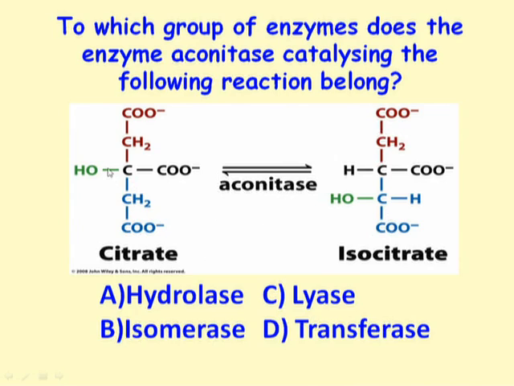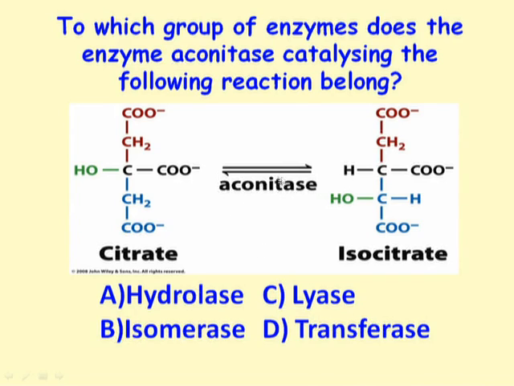There is only a small shift between the hydroxyl and the hydrogen groups. Otherwise, the molecular formula of isocitrate and citrate remains the same. So there is a possibility that this is an isomerase, and definitely it is not a hydrolase or a transferase.